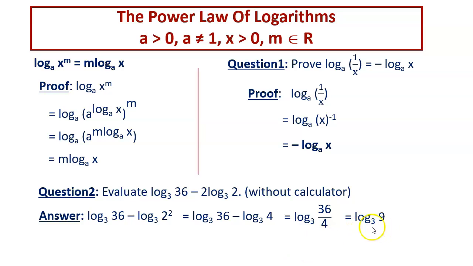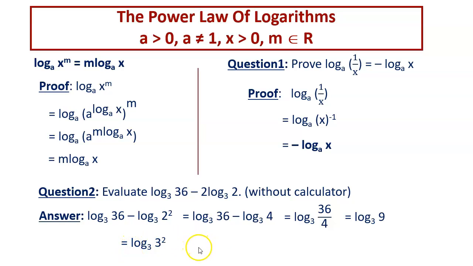And what is the value of log of 9 to the base 3? For that, we write 9 as 3 squared. So we write this as log of 3 raised to the power of 2 to the base 3. And this 2 is the power of the argument which can be brought down to the coefficient place.